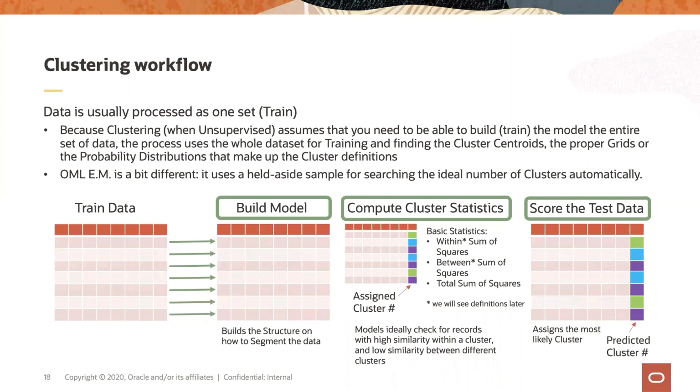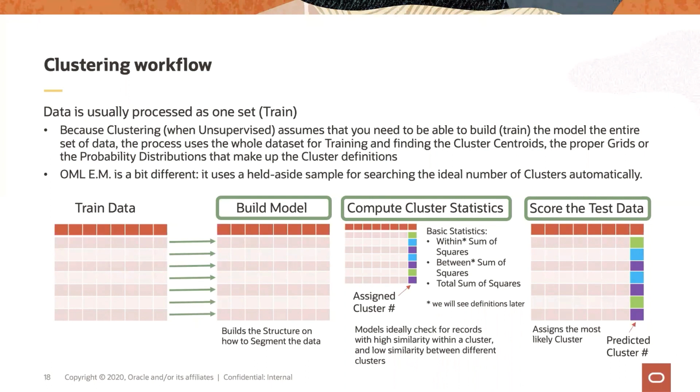So the model will ideally check for records that are similar, and try to find records that are similar within a cluster, and very different between clusters. So the more distance the model can put between two clusters, the better. That's what the models are doing. They're trying to create compact clusters and have those clusters very separate. So that means these really behave differently.